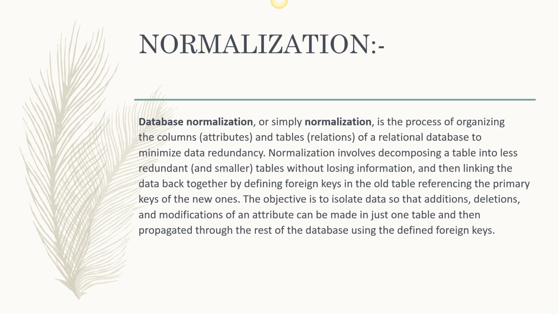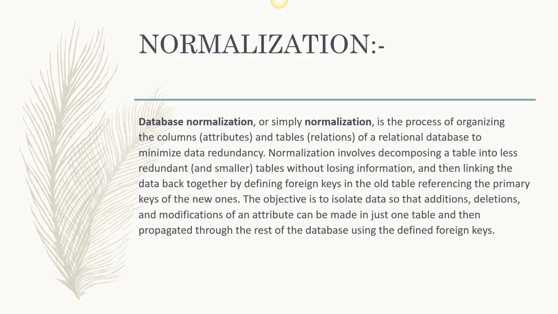Normalization. Database normalization, or simply normalization, is the process of organizing the columns and tables of a relational database to minimize data redundancy. Normalization involves decomposing a table into less redundant tables without losing information, and then stitching the data back together by defining a foreign key in the old table referencing the primary keys of the new ones.